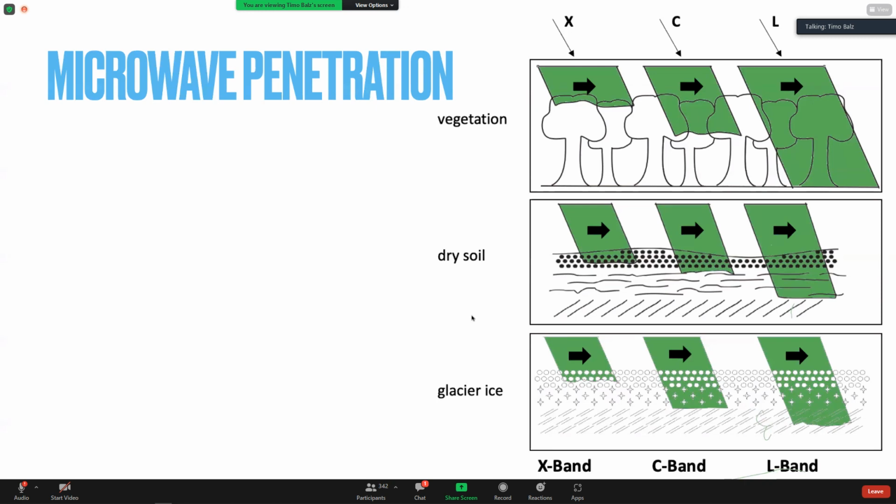So the penetration capability of microwaves can be very interesting for long wavelengths. You can penetrate some foliage, some coverage, but it can also make things quite complicated. If you think about where our reflection is actually coming from in detail, that can be quite difficult to answer.